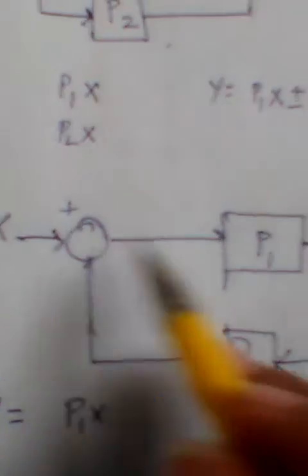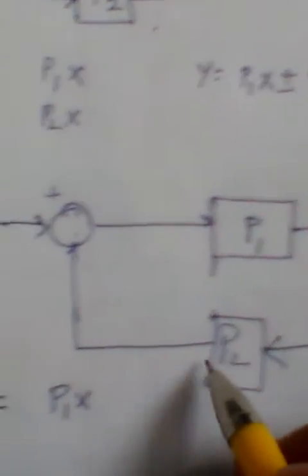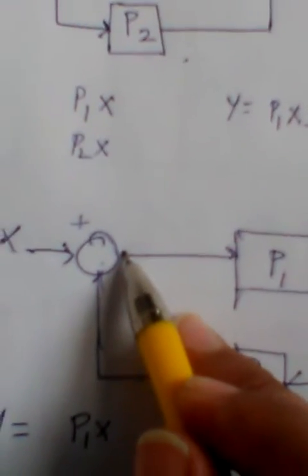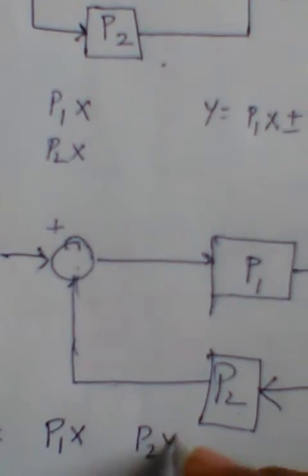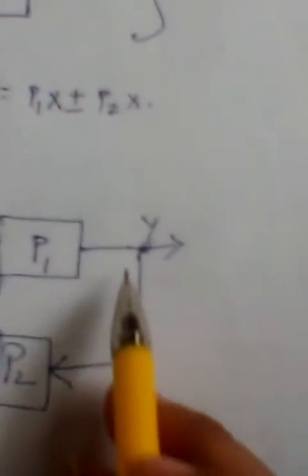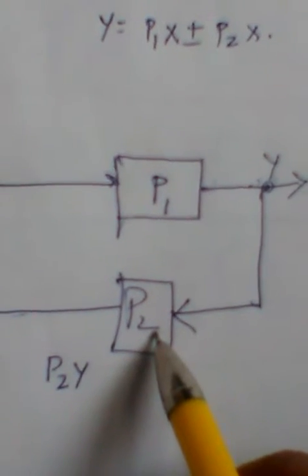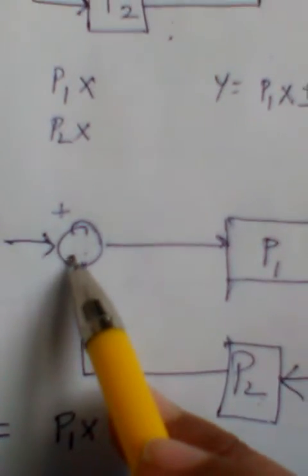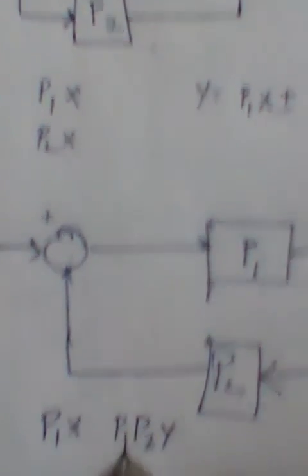Then the x has already got the p2 path, the p2y is going to come here, it is going to add up with or subtract with the x. That means the p2y I have is going to come up here. So p2y comes here, it is going to add up with the incoming signal, but it is going to travel into p1 again.